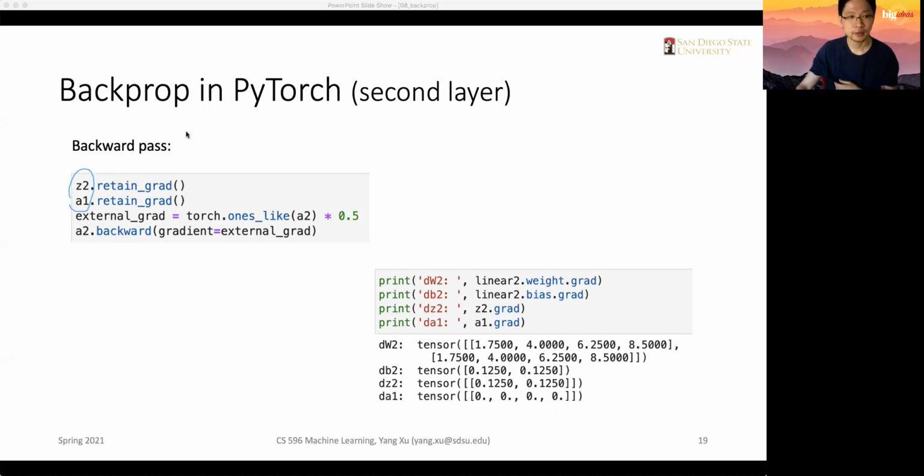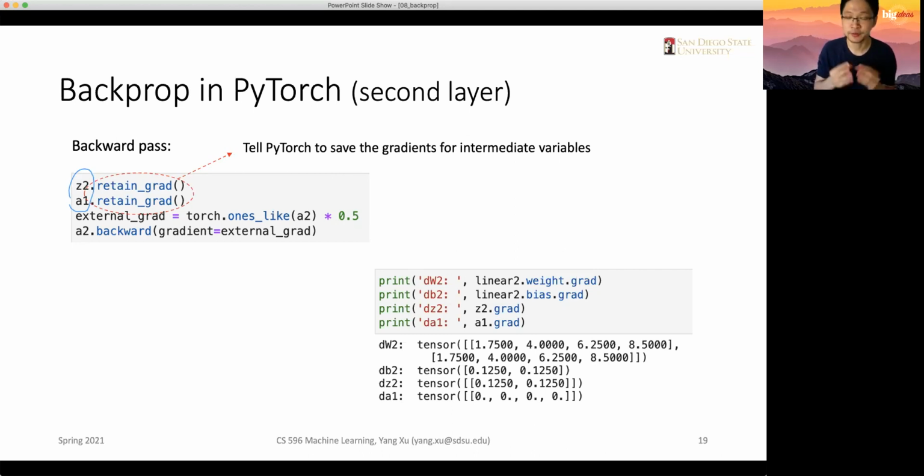So we need to call retained gradients, because if we don't, PyTorch will not save these values for us. We need to explicitly call retain gradients.